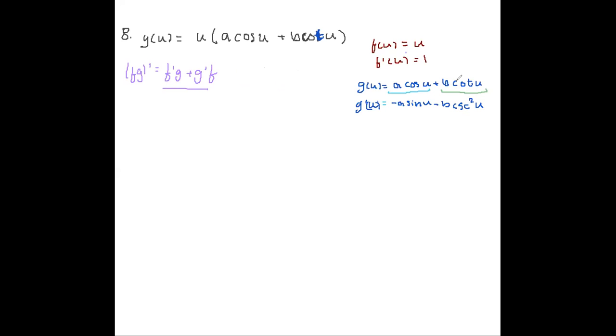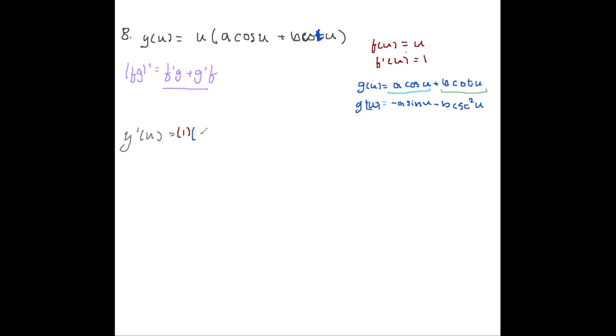That being said, let's set this up. Here we have y prime of u is equal to f prime 1 times g. I guess I'll write that 1 in there, for consistency.